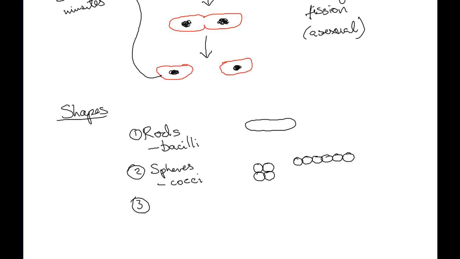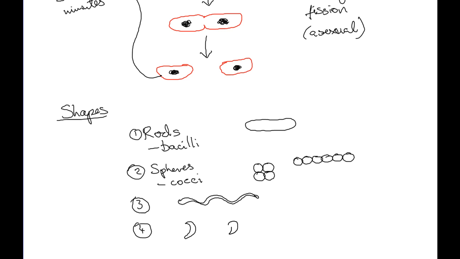You might have spiral-shaped bacteria, so you would have this sort of thing, where they would be spiral-shaped. Spirillum would be one type of bacteria that has that kind of shape. Or you also have comma-shaped, which are like a kidney bean sort of shape, perhaps.